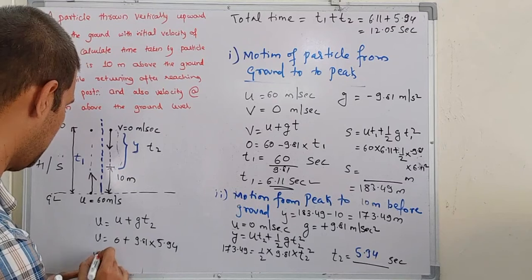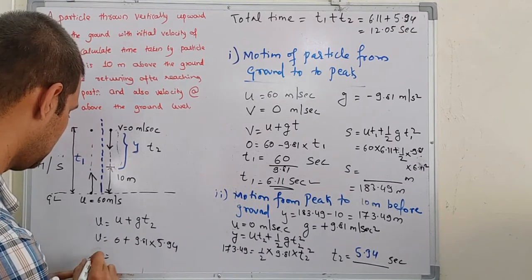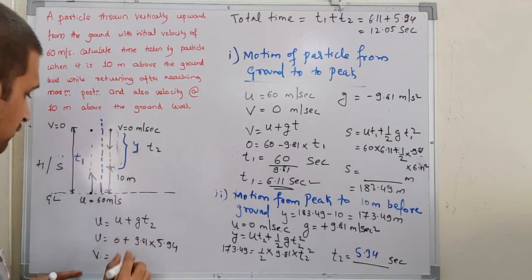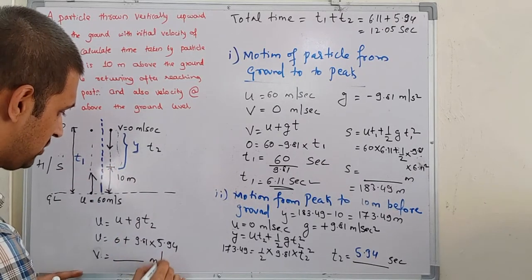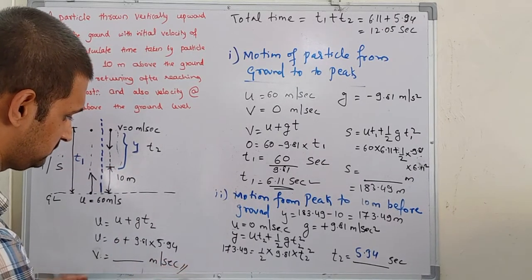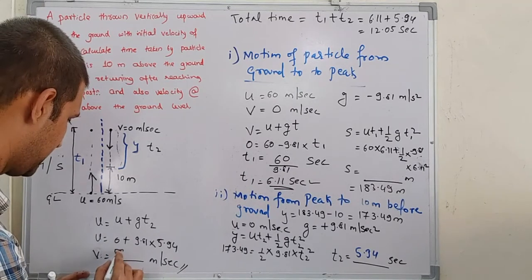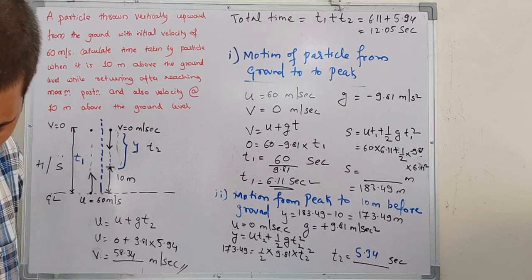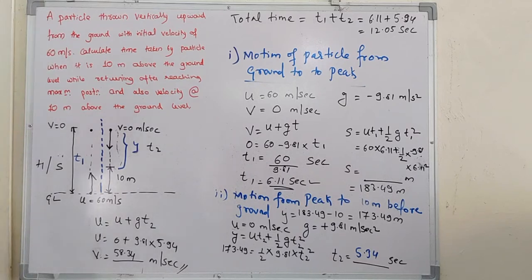With that you should be able to get the velocity of the particle 10 meter just before reaching the ground. Now get this value also fast. You should be getting somewhere near 58.3. Okay, no issues, whatever your answers are.